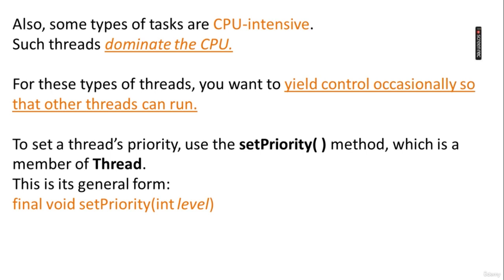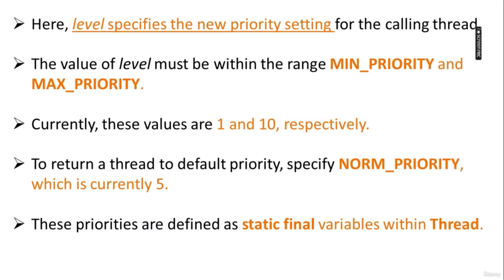so that other threads can run. To set a thread priority, use the setPriority method, which is a member of Thread: final void setPriority(int level). This is a final method. Level specifies the new priority setting for the calling thread. The value of level must be within the range MIN_PRIORITY and MAX_PRIORITY.